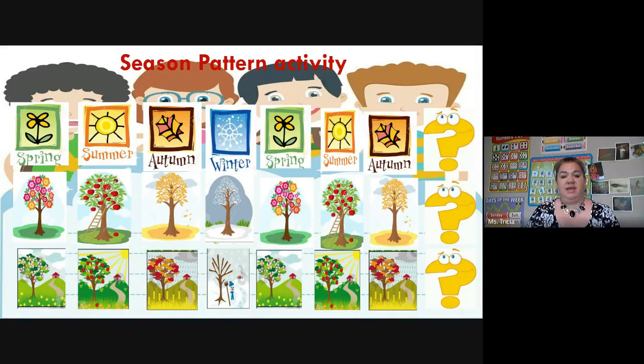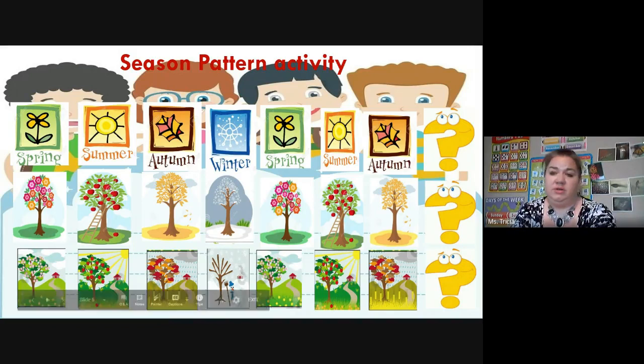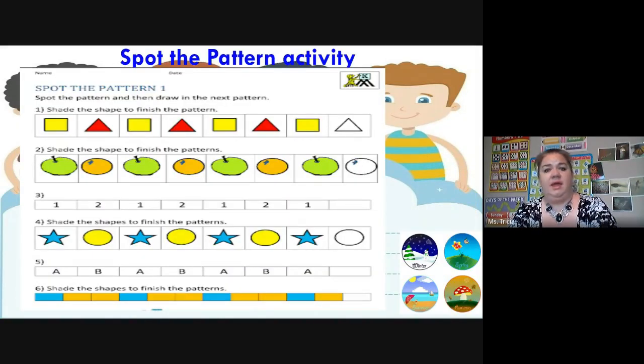And you can see the pictures of the flowers are spring tree, summer tree, autumn tree, winter tree. And you can see the pictures match the spring, summer, and autumn. Good job. And then we're going to spot the pattern activity and then draw in the next pattern.